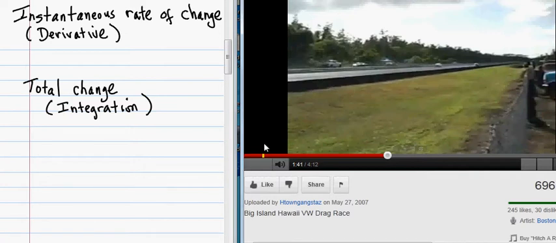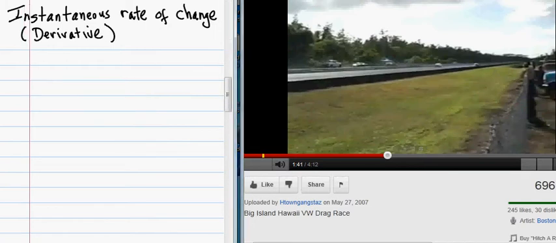So let's talk about this instantaneous rate of change concept first. Alright, so we can certainly talk about the average rate of change over that quarter-mile trip. So the average speed: we can say that distance equals rate times time, so that rate is equal to distance divided by time.